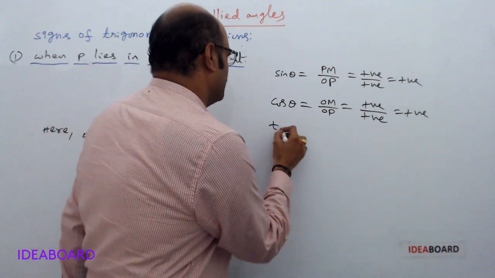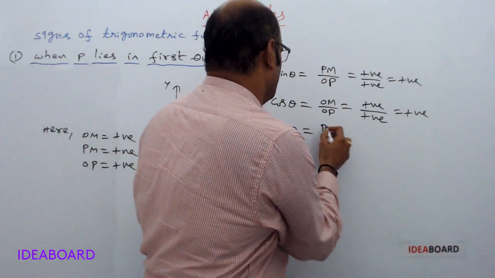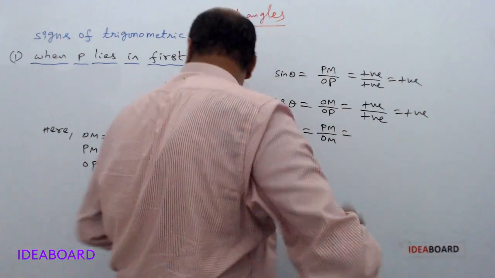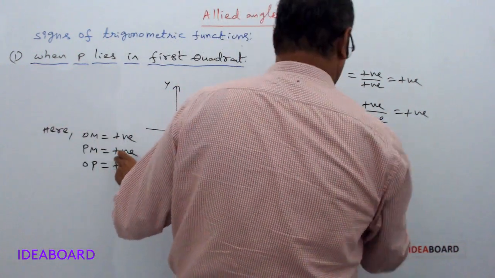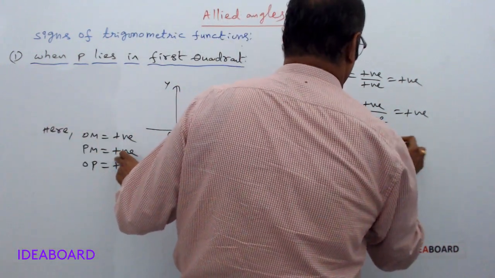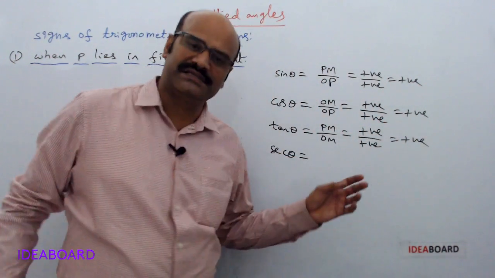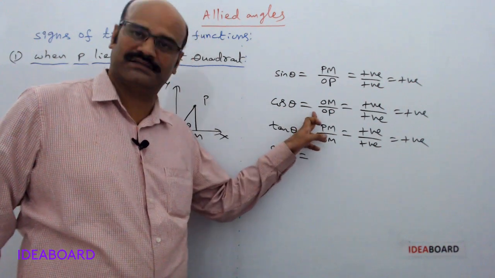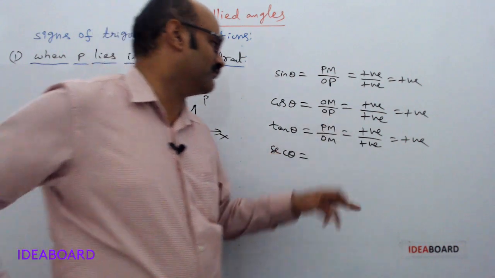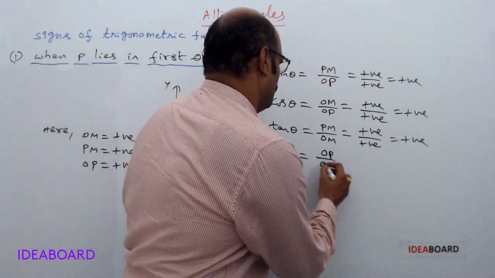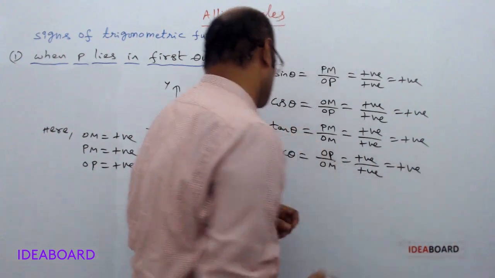Now tan theta equals sin theta by cos theta, which gives PM by OM, positive by positive, so positive. Secant theta is the reciprocal of cos, so 1 by cos theta, that is OP by OM, positive.